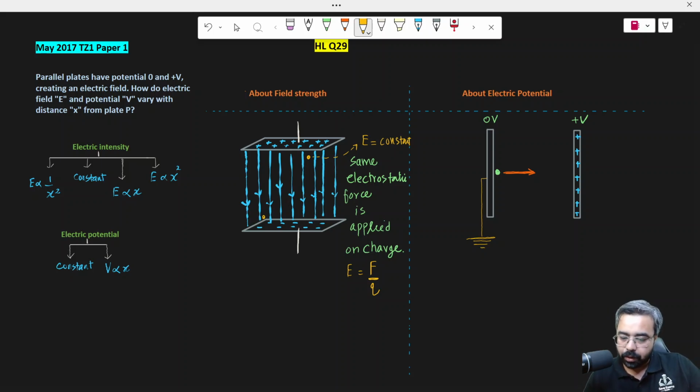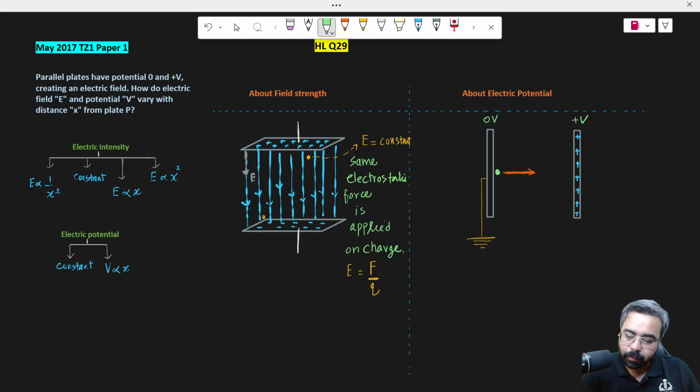Secondly, don't forget that electric field strength is a vector quantity and it is directed from the positive to the negative plate. A vector can change even if its magnitude is constant, but if its direction is changing, then this can make it non-uniform.